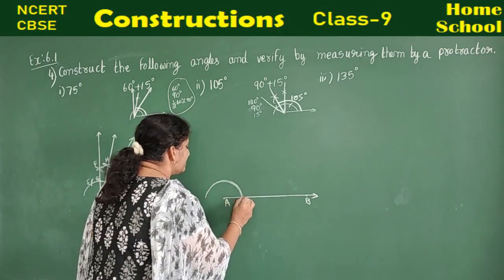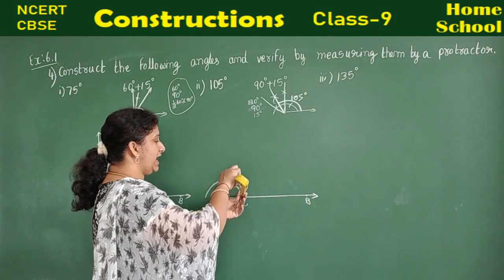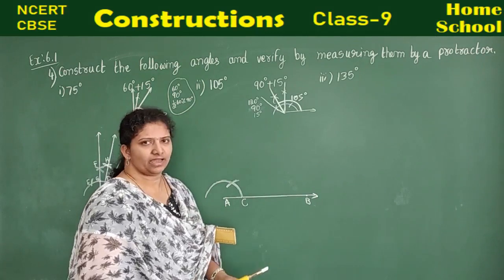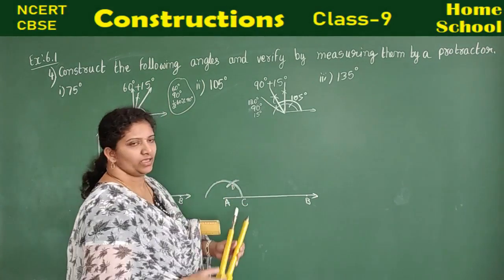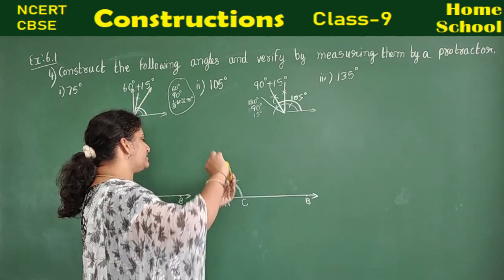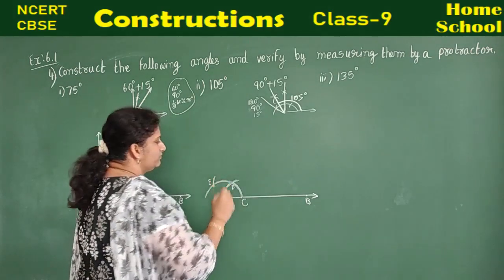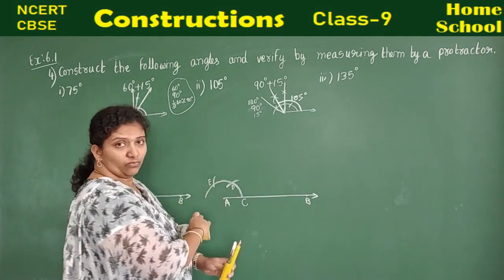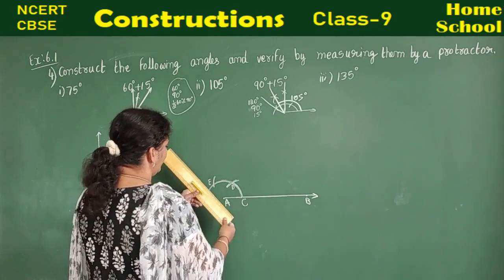And where it touches the ray? Point C. With C as center, same radius. Cut the before arc and mark the point D. And again with D as the center, E. Now this angle, what we are going to get is 120 degree.